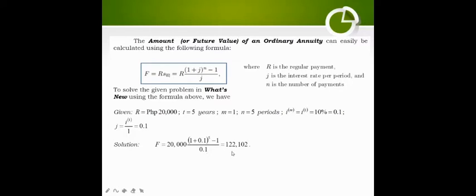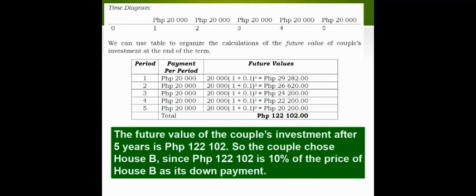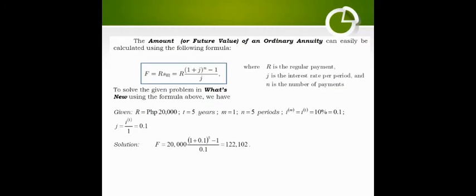And that is equivalent to 122,102. So, we can directly solve using the formula for the amount of an ordinary annuity or the future value. Using this formula, it is easier. And we can also do what we did earlier using the table or the time diagram. So, we have the same answer still.